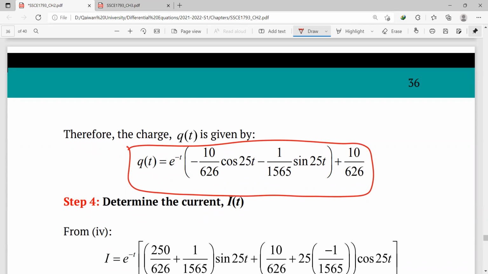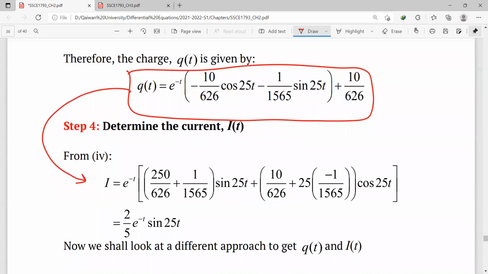Okay? So I is the derivative of that function. What's this? This is I. Okay?